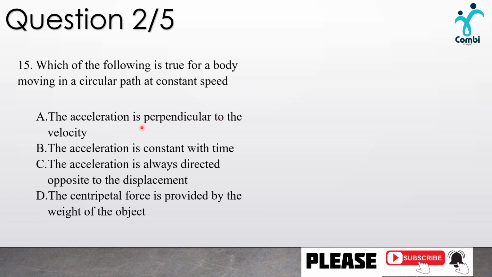Okay, we don't know yet. Let's just continue. The acceleration is constant with time. Okay, let's move on. The acceleration is always directed opposite to the displacement. Well, let's just move on. The centripetal force is provided by the weight of the object. That sounded like it makes sense, but let's see which of them makes sense.